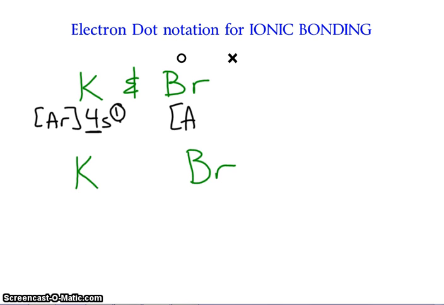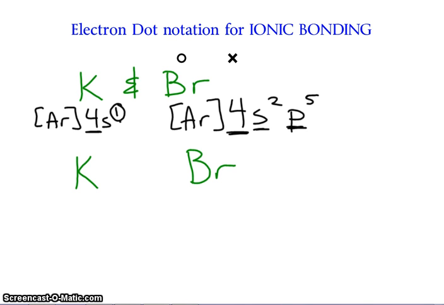Bromine also has that inner configuration of argon, and on top of that, for valence electrons, it has 2 in the s orbital, and it has 5 in the p orbitals. That s orbital and those p orbitals are all on the fourth main energy level.